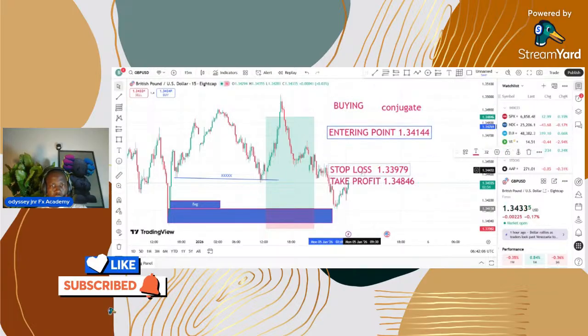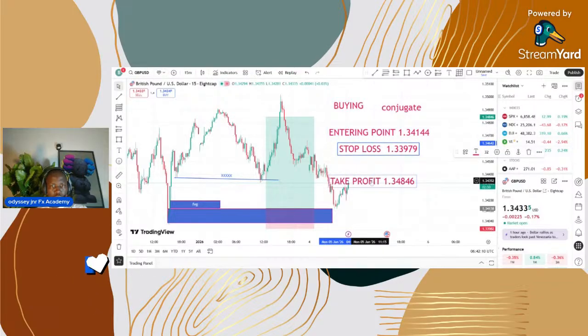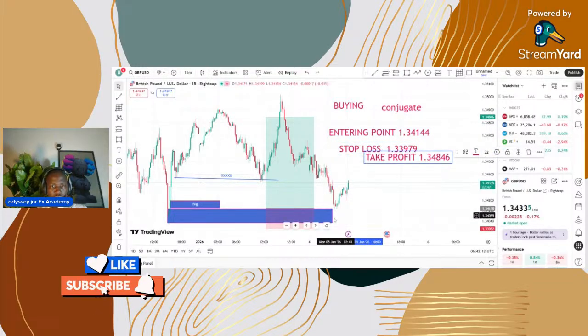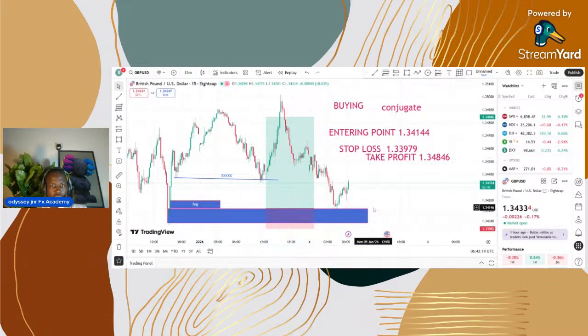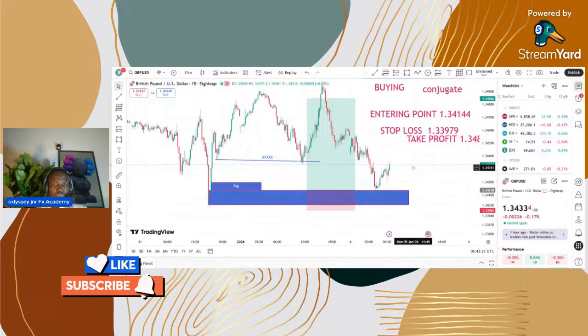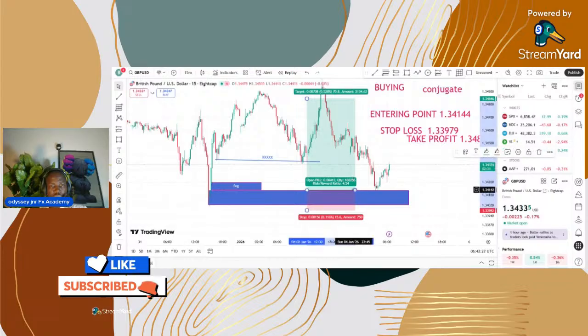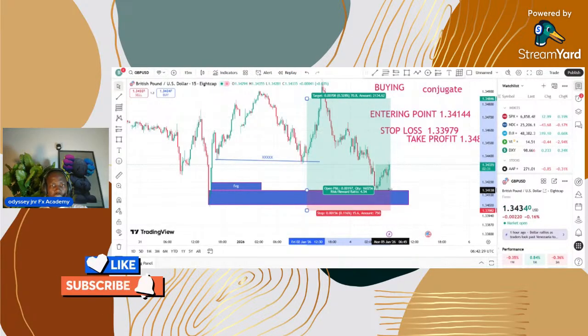You see in Great Britain pounds USD, this was our entering point. See, the market just came there, reacted, and it's going up. So this market is still on.